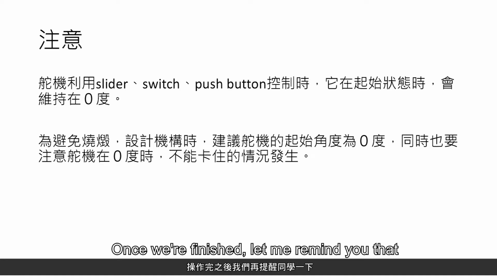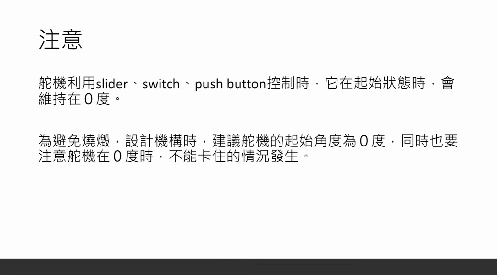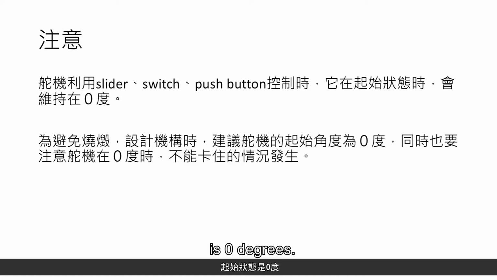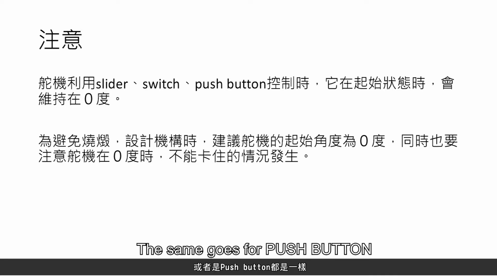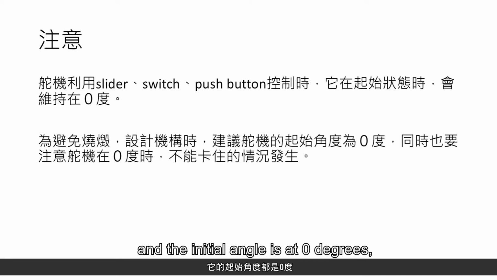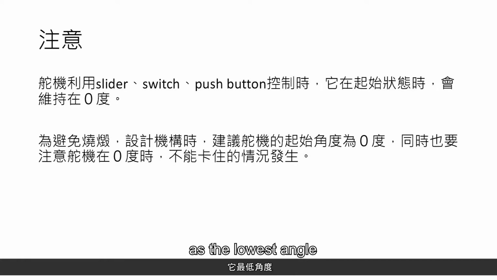Once we are finished, let me remind you that when you're using the slider to control the servo, bear in mind that the initial angle is 0 degrees. The same goes for push button and switch. Because we only used these few components, and the initial angle is at 0 degrees, we recommend that you set up the initial angle at 0 degrees as the lowest angle for the mechanism motion.